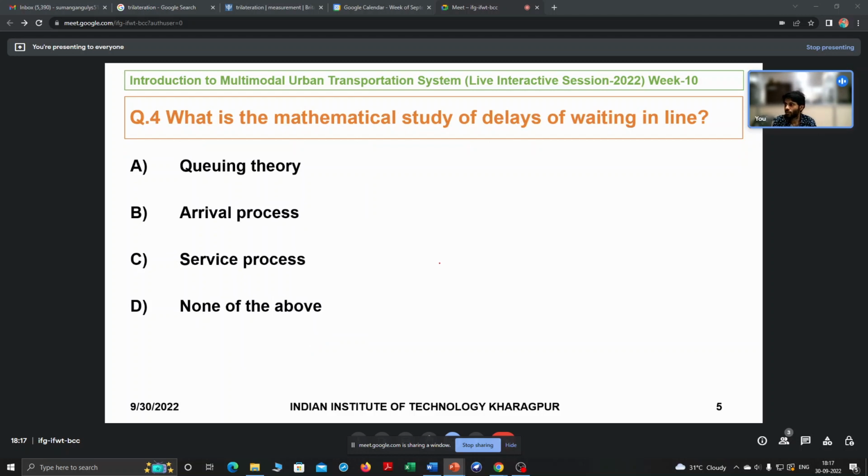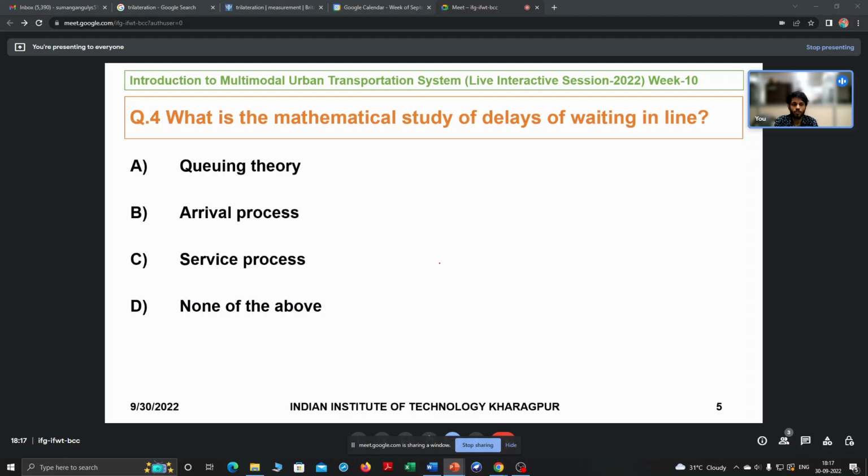Then the fourth one is: what is the mathematical study of delays in waiting in line? Suppose you went to a market, or a mall. After buying your item, you want to process your bill, so you are waiting at the billing counter, right? That is a queue.